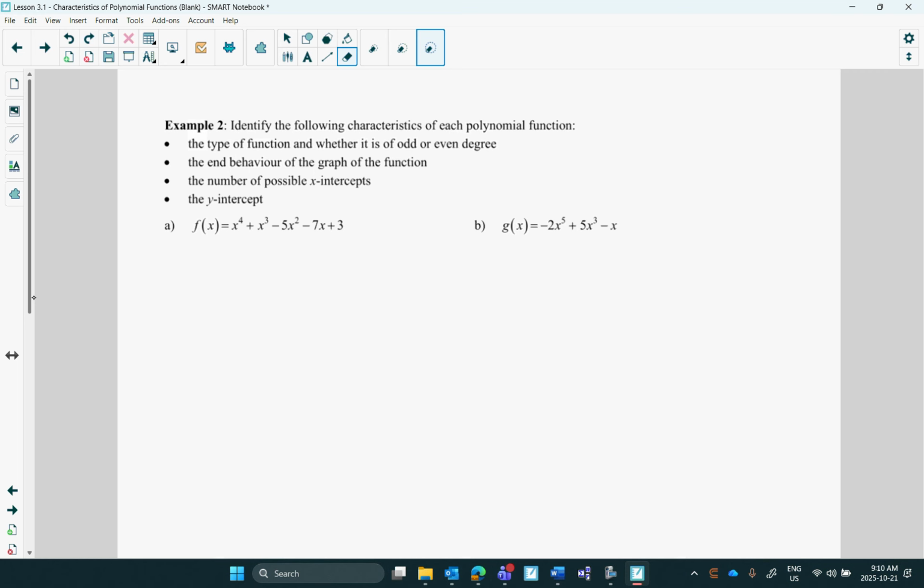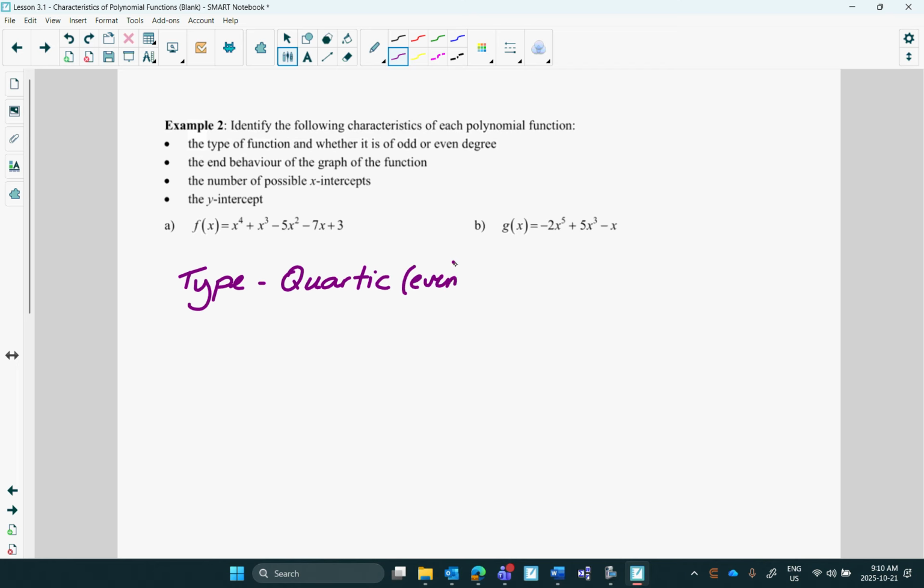So for this one, x to the fourth plus x cubed, etc. What type of function? What's the name we give it? Quartic. And odd or even? Even. So because it's even, and because it's positive in front of the x to the fourth term, what's the end behavior?